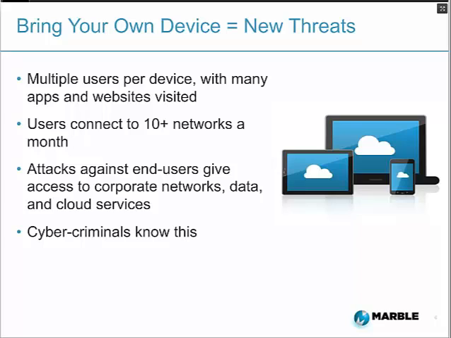Think about a mobile device as a way that accesses your corporate network, especially if they've got VPN on that device, and that poses a whole new set of risks about letting APTs into your network, letting apps scan your internal network. And by the way, cyber criminals know this.